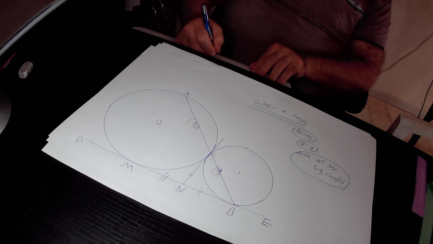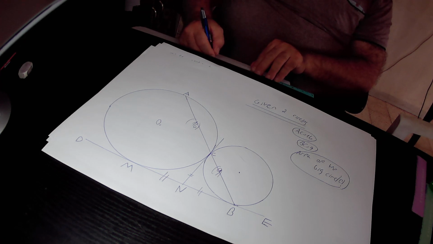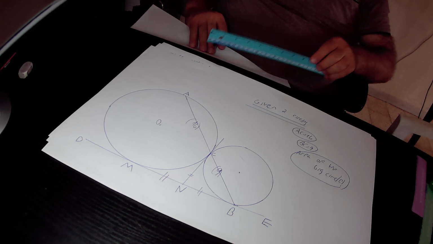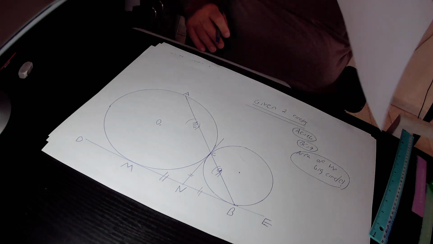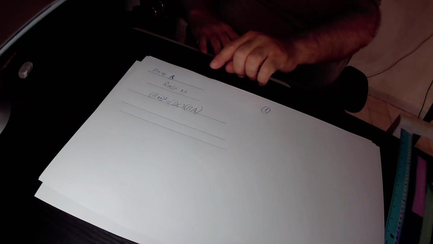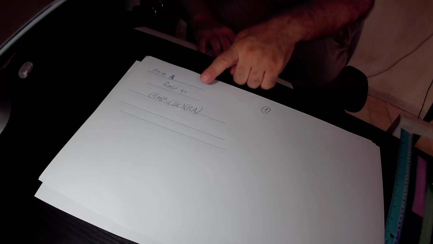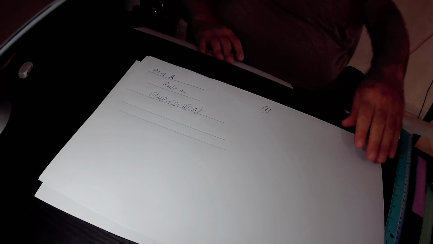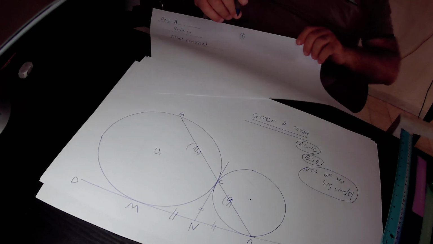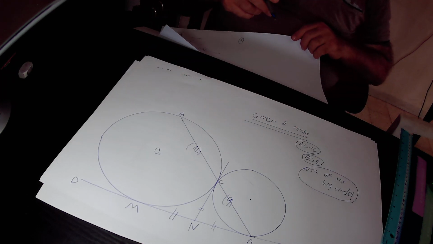So let me repeat again. If we focus on the common standpoint point B, according to rule 10, the following equation is true: BM square equals BC times BA. BM is the missing tangent, so we leave it as it is.